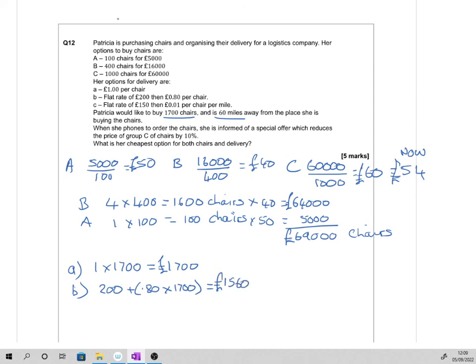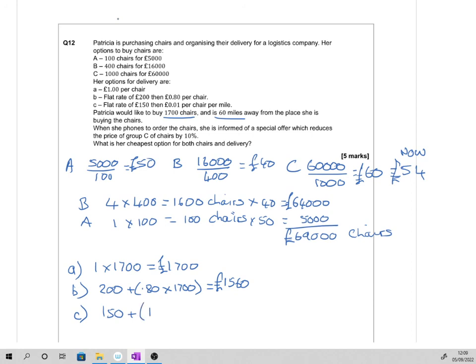That's a bit cheaper than the other one. Option C, a flat rate of 150 plus a penny per chair per mile.